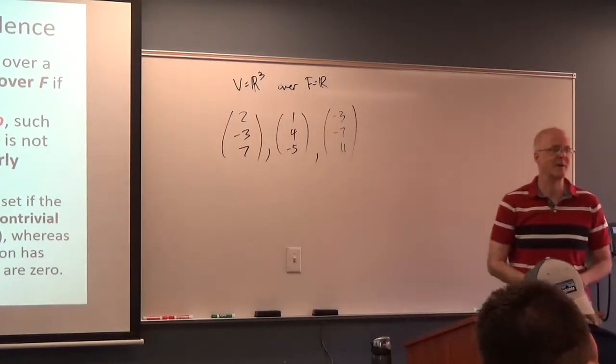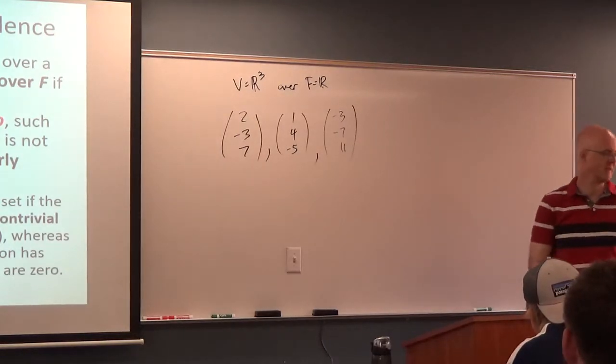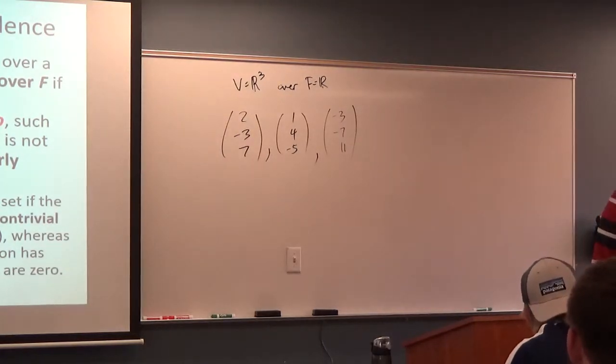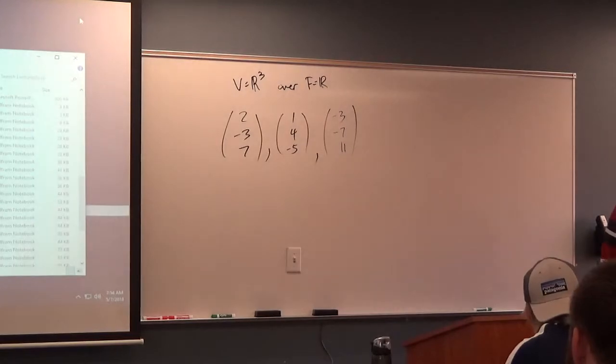What do you think? Do you think, probability-wise, those are likely to be linearly independent or linearly dependent? Do you remember? You have the intuition there? Nobody want to take a stab at it?